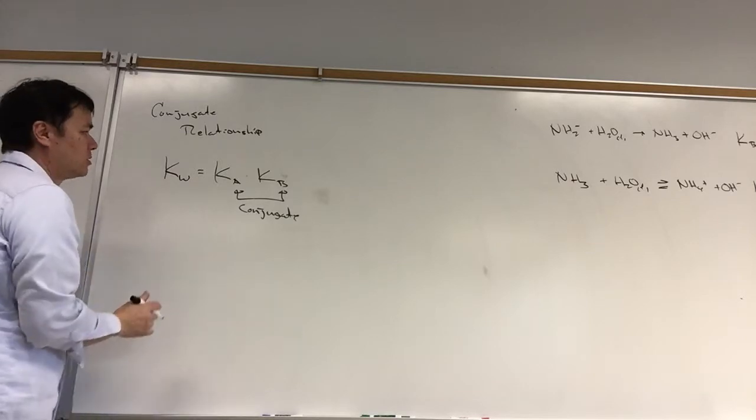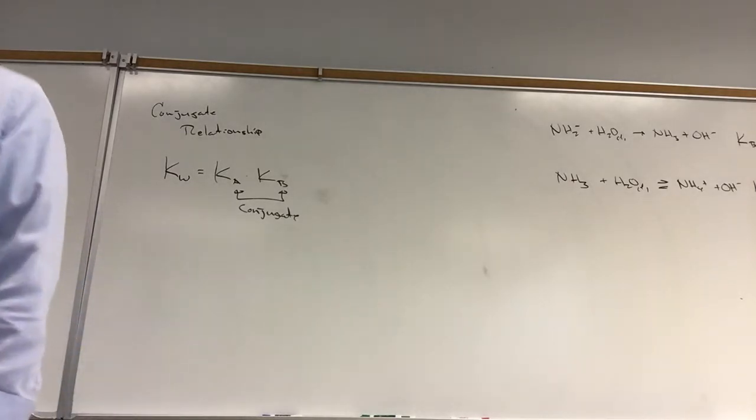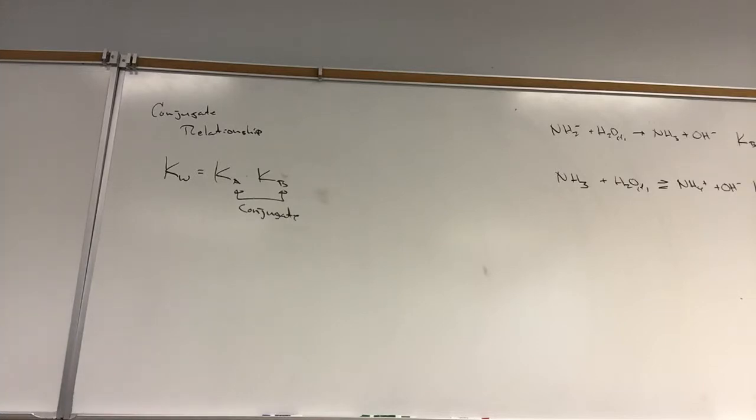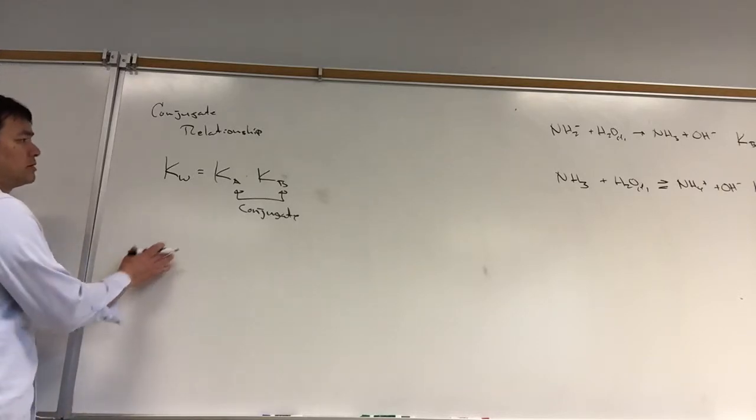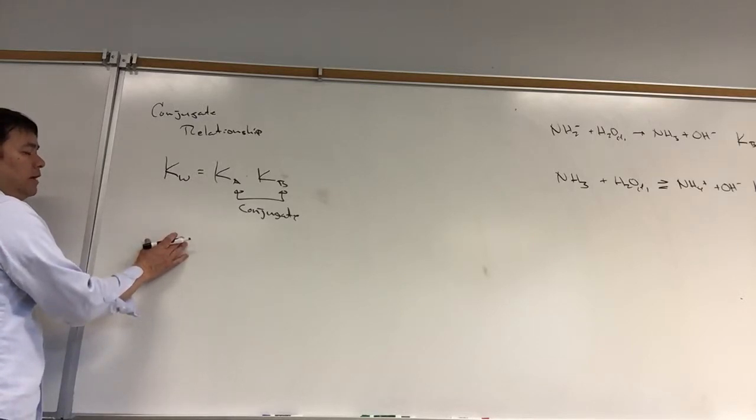There are other relationships too. A lot of people don't like writing those because you have to write it in scientific notation, which takes up space. So what a lot of people prefer is to write it in terms of power functions, because then you don't have to write the exponent.